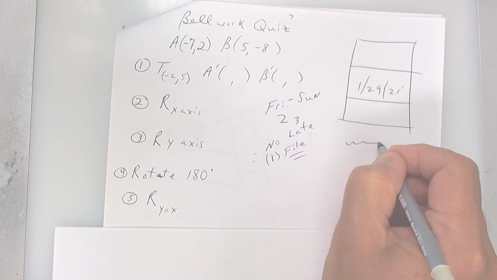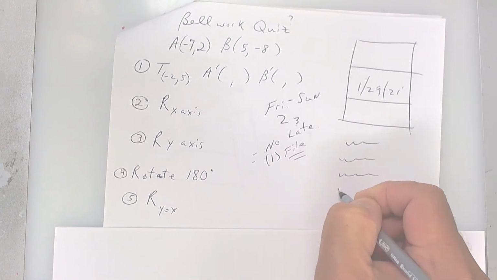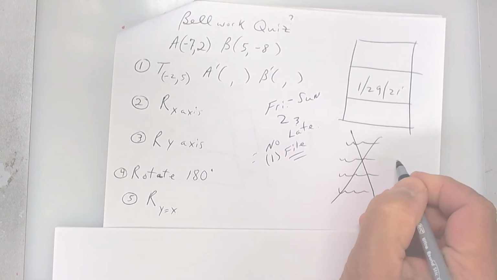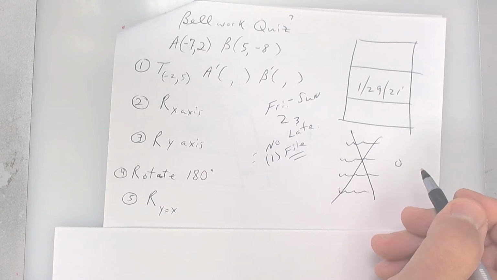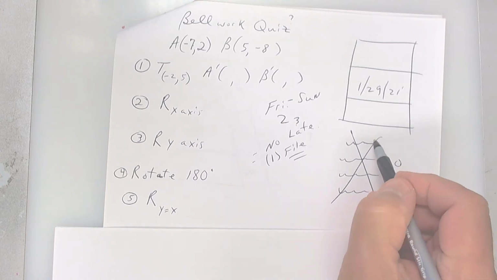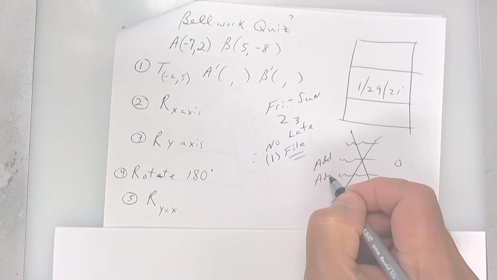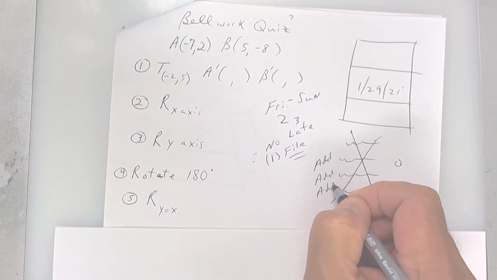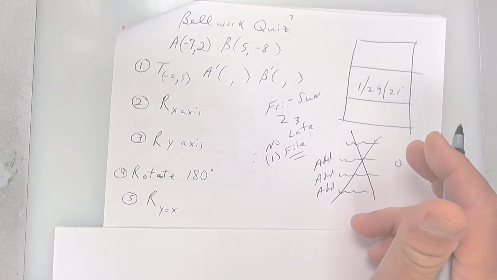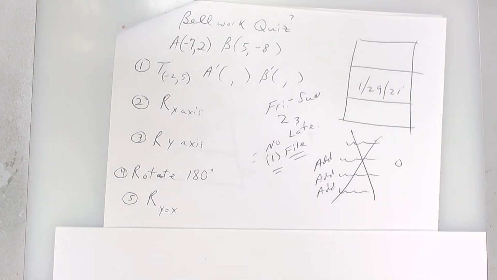If I see multiple uploads like this, I'm not even going to grade it. You're going to get a 0. So what you do is you take a picture, add. Take a picture, add. Take a picture, add. And then upload it with one file. Okay? No exceptions this time. I mean it.